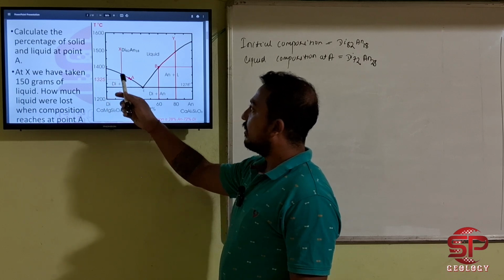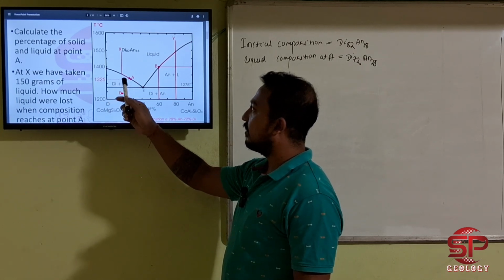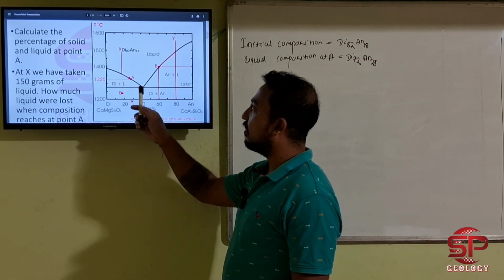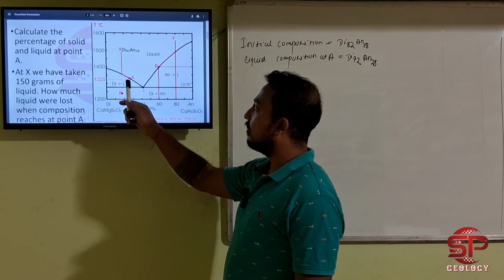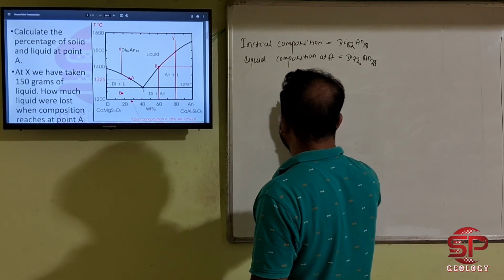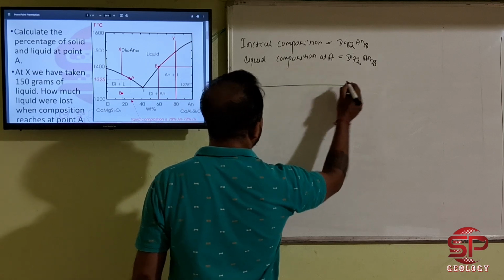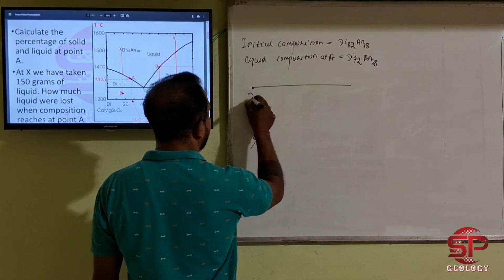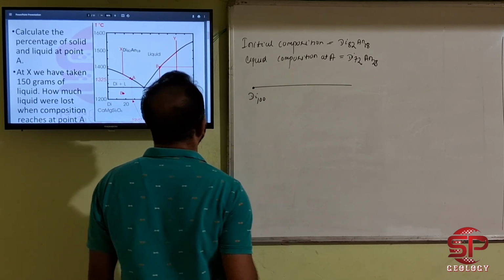So this is our tie line. By this it will divide into two segments. The segment that touches the liquidus gives the solid composition. So we'll draw here. This is our diopside 100.